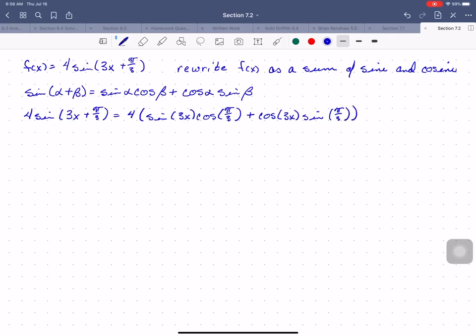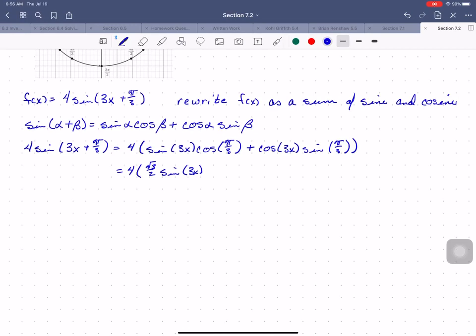Now we know the cosine of pi over 3 is, sorry, cosine of pi over 3 is actually 1/2, plus the sine of pi over 3 is root 3 over 2. Now you'll notice I did not lose that 4, and so we'll distribute that through. So we end up with 2 sine 3x plus 2 square root 3 cosine 3x.